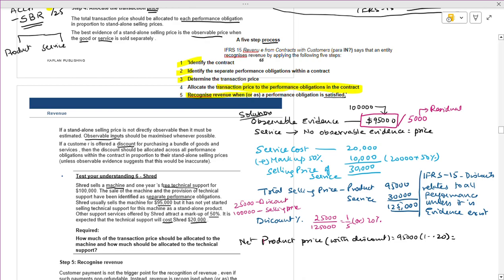Okay, it comes to how much? It comes to 76,000. Whereas net service provision, that is technical support, with discount, it comes to how much? It comes to 30,000 into 1 minus 0.20, it comes to how much? It comes to 24,000.